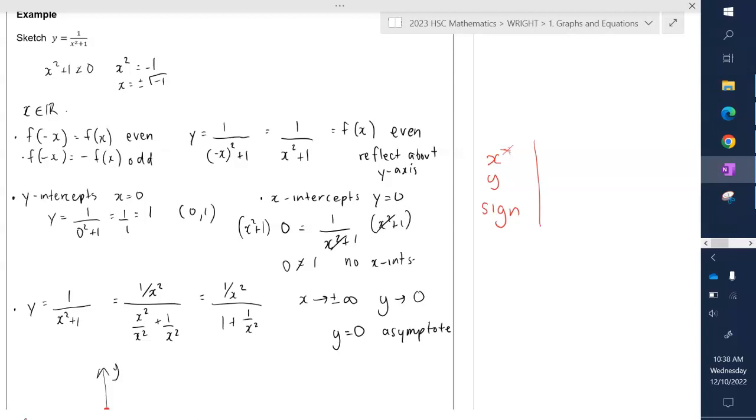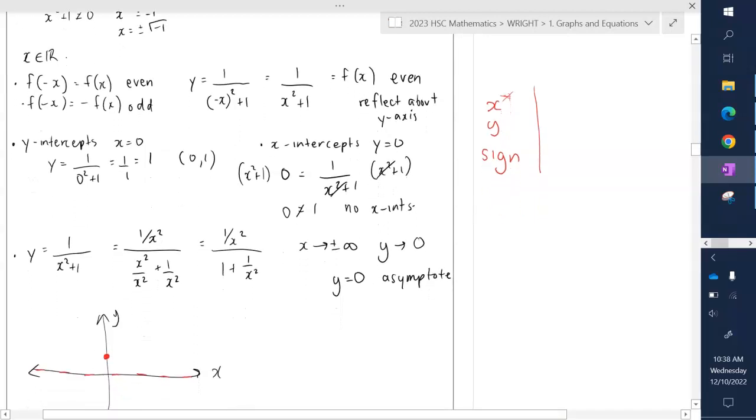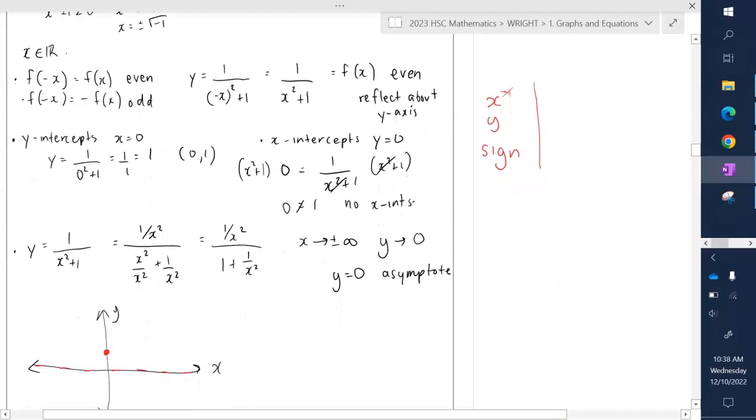So in this case, I can't actually work with the sign of the function here. But what I can have a look at is down here, looking at our horizontal asymptote, which is y equals 0. I can have a look at what's happening as we get closer to that. And we'll do that on the graph.